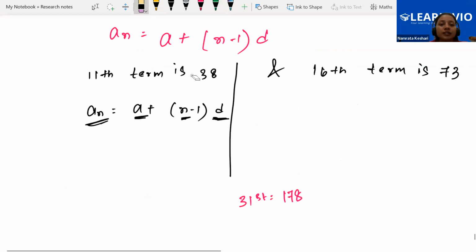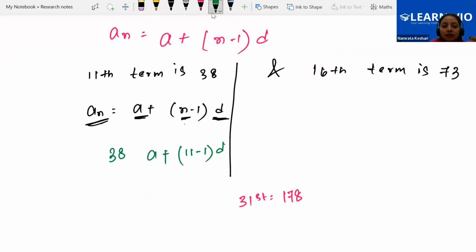11th term is 38. That means n is 11 and 38 is a_n. 38 is the value of a_n and n is 11. We are having one equation: 38 is equal to a plus (11 minus 1) d, that means 10d.